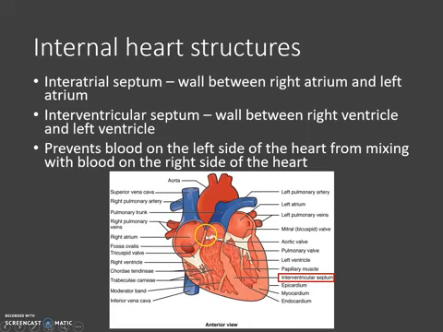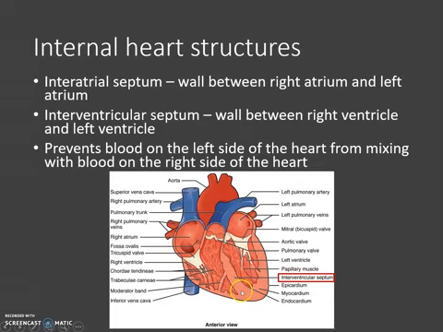If you recall, if we look at the chambers here, remember that the blood on the right side of the heart does not mix with the blood on the left side of the heart. And so there's actually a myocardium that separates the chambers from each other. So the interatrial septum is kind of blocked on the picture here, but it's between the two atria so that the blood in the left atrium doesn't mix with the blood in the right atrium.